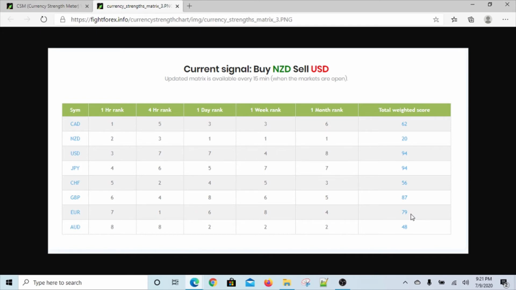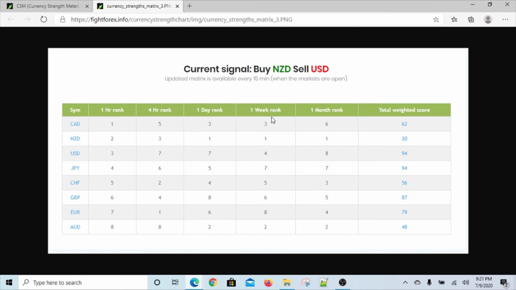But I guess it's clear to you, I hope, how these numbers are calculated, what they mean, what the weighted scores are, how to use this matrix, and what this matrix signal is all about. Okay, so that's it. Nothing very complicated, not rocket science.